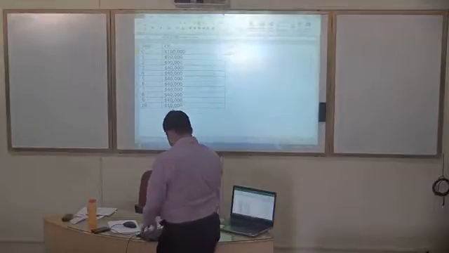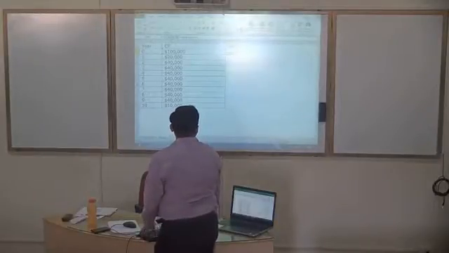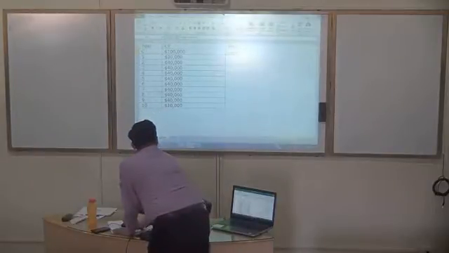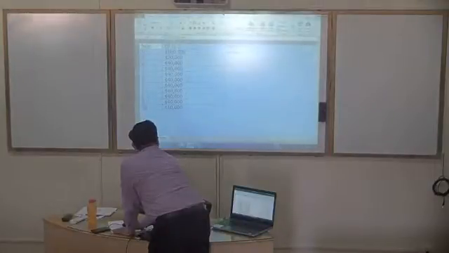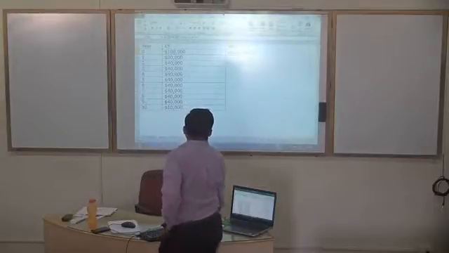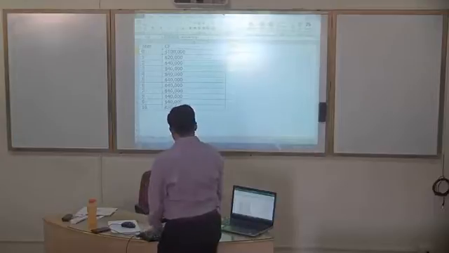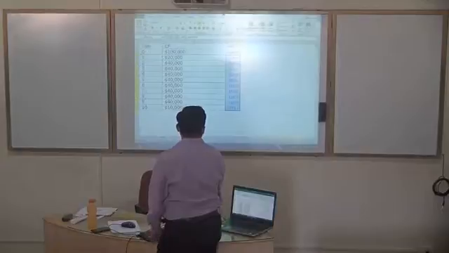Now I hope you are able to get this formula here. Now I am dividing for the first year. This is the formula. If I copy paste, so these are the cash flows I get.